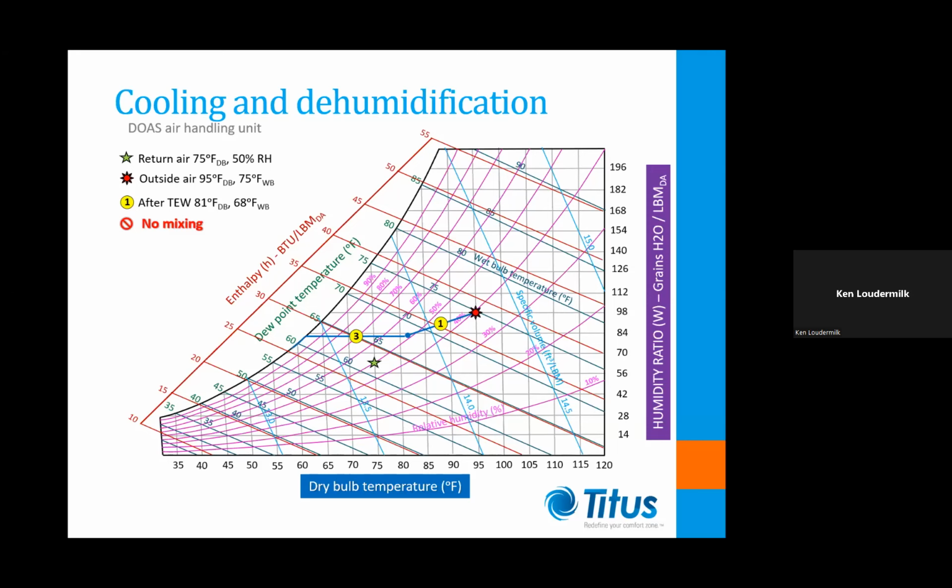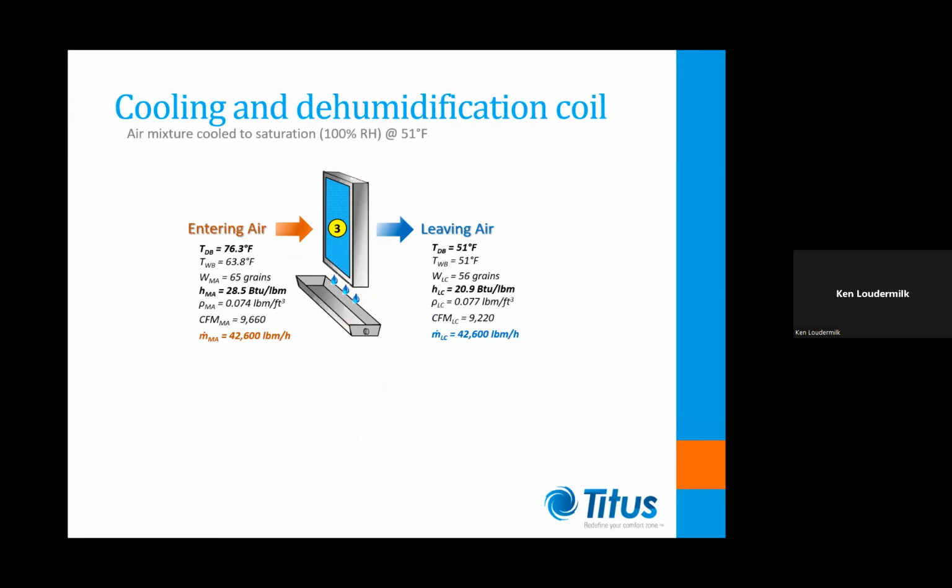Subsequent cooling reduces the dry bulb temperature and moisture content until we reach our desired saturated air leaving conditions at 51 degrees Fahrenheit. The use of DOAS in hot and humid climates can result in significant energy penalties when outdoor air is at or near design conditions.